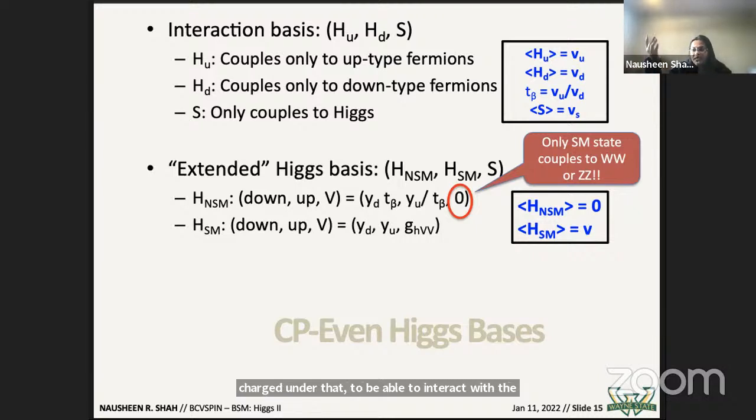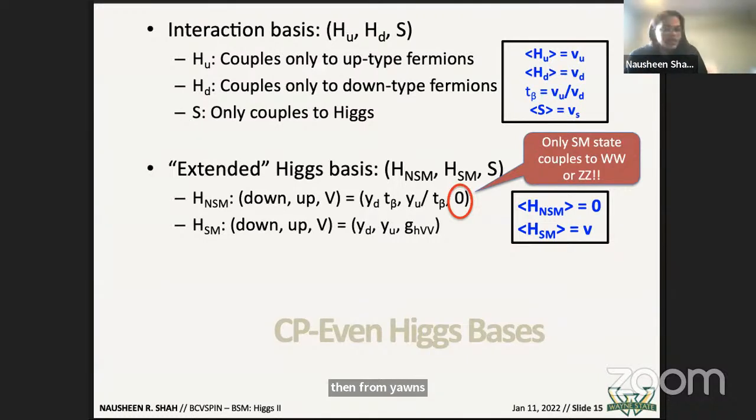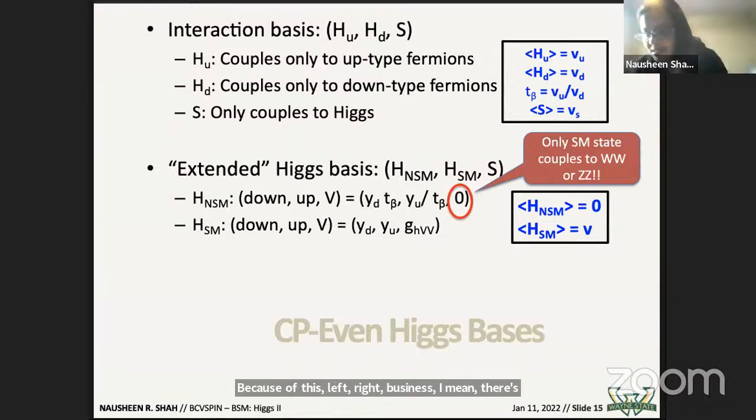Only the electron, something which is charged, will interact with a photon. If you're neutral, you don't interact with it. And then for fermions, because of this left-right business, there's nothing you can write down which respects the symmetries and is gauge invariant.